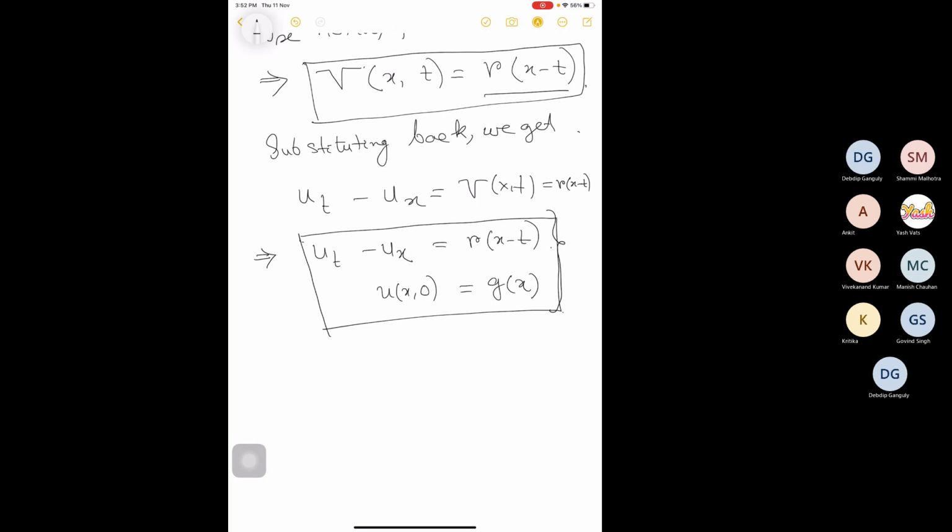How to solve this? Again use the method of characteristics, we have done this also.